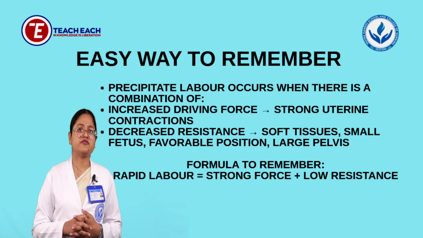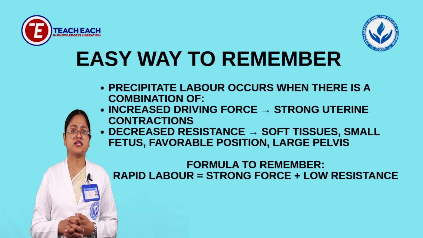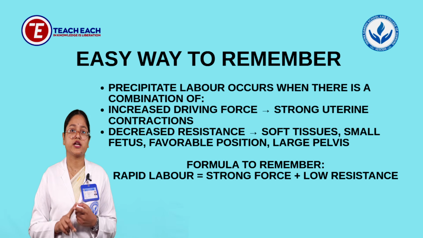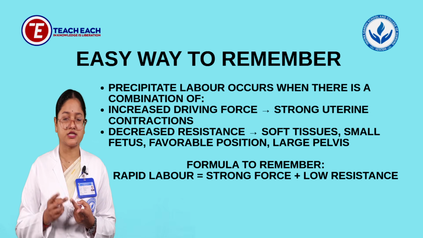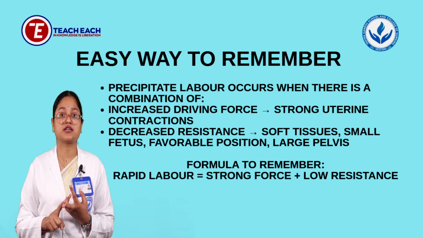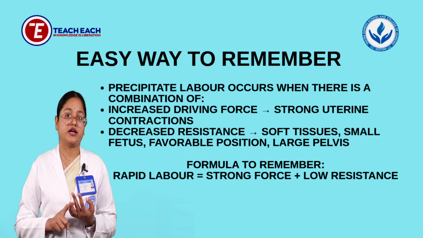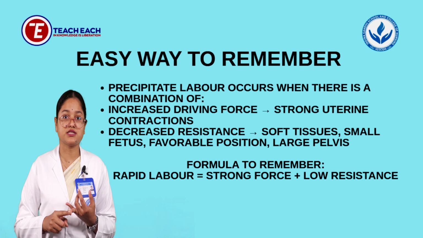One easy way to remember precipitate labor: it occurs when there is a combination of two things. We have studied this in the causes also. Only two causes are there, so we have to study only two things. There will be an intense or strong uterine contraction. And the second thing is decreased resistance of the soft tissue from the cervix and vagina. The fetus gets a favorable position, and there is a large pelvis.